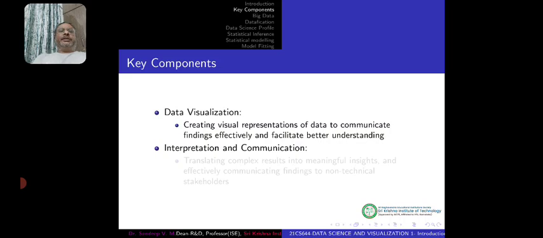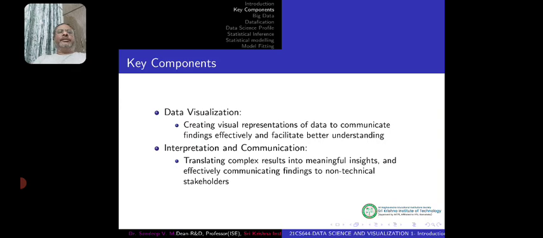Next comes interpretation and communication. Here, we translate complex results into meaningful insights and effectively communicate findings to non-technical stakeholders. Usually our stakeholders or customers will not be technical enough to understand all our technical jargon.